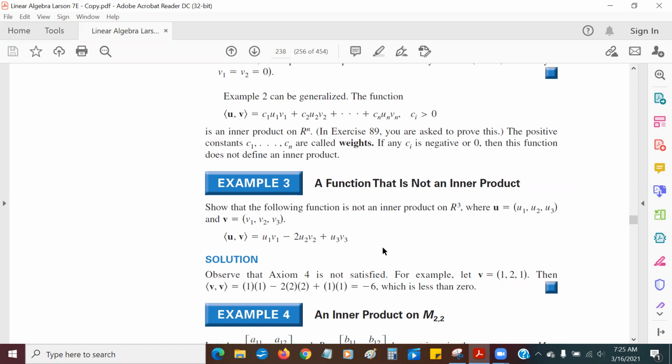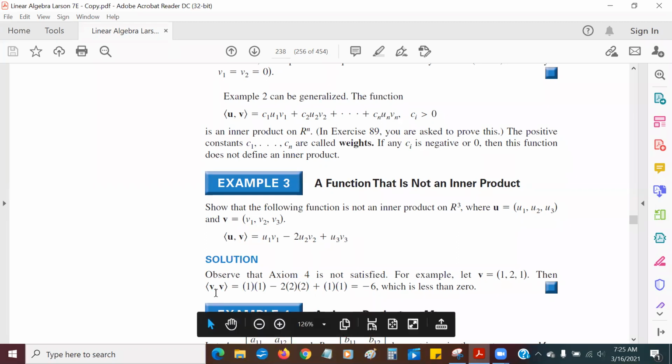And axiom 4 isn't going to work, because if I do v comma v, so let's say v is 1, 2, 1. That's my vector. So v comma v is 1 times 1 minus 2 times 2 times 2 plus 1 times 1, which is -6. And -6, last time I checked, is less than 0.